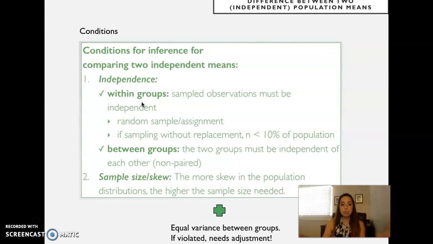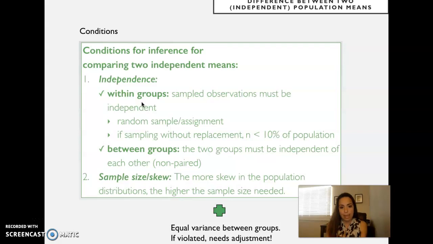Now, the 2 groups also must be independent from each other, and if they're not, there are things that we do. But when we have 2 groups that are independent from each other, then we run independent t-tests, okay? And then sample size and skew. The more skew in the population distributions, the higher the sample size needs to be in order for us to be able to meet the conditions for reliably running a t-test.